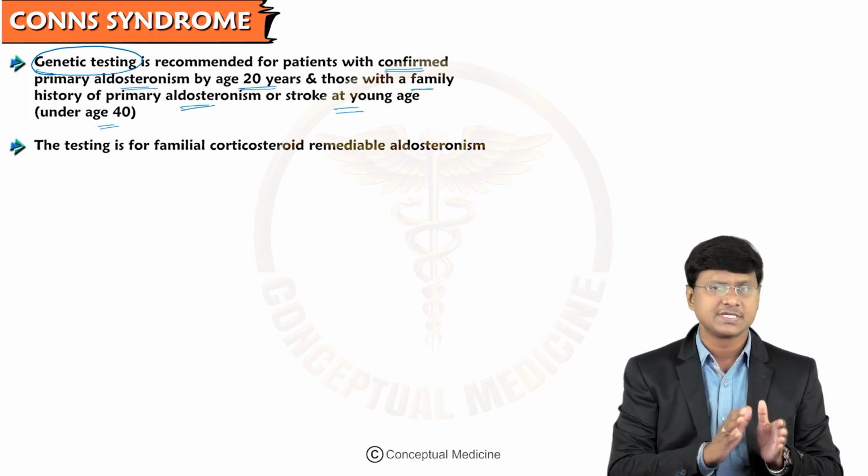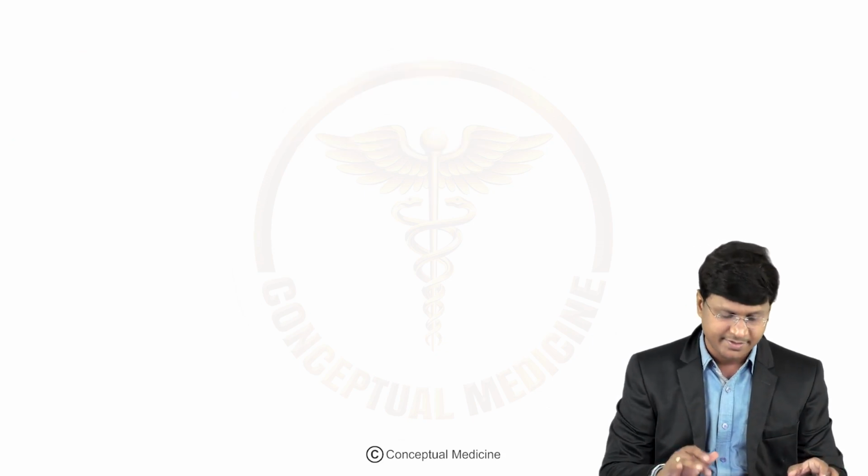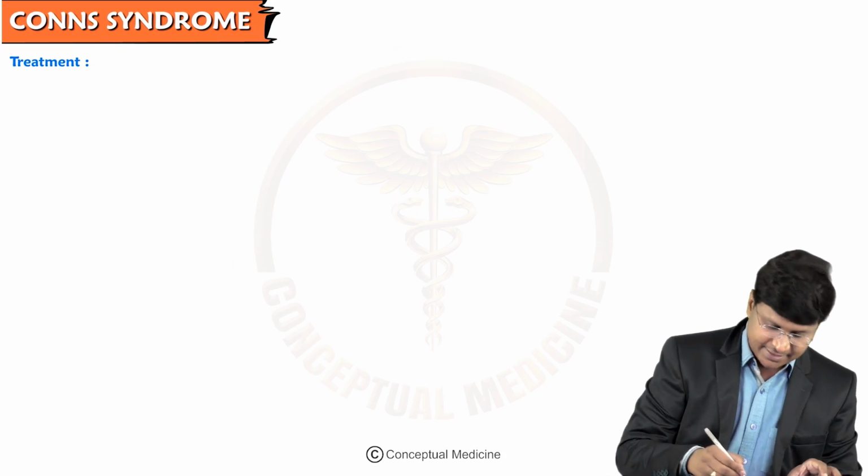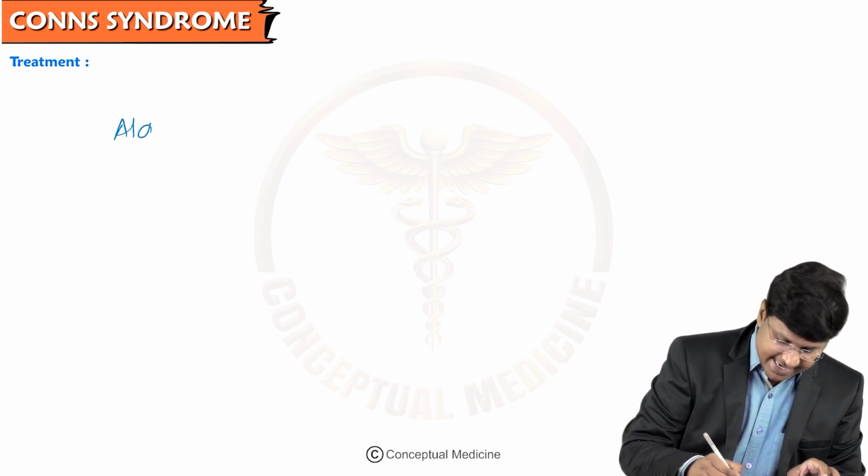Now, after having discussed the investigations, let me discuss the treatment. Treatment in case of primary hyperaldosteronism is to give aldosterone antagonists.